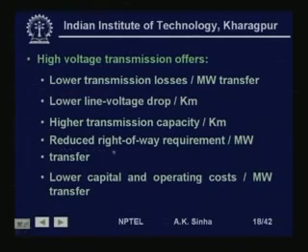Another aspect is reduced right of way requirement. If we are using higher voltage systems, then we can use fewer circuits, that is, fewer transmission lines are required to transmit the same amount of power.